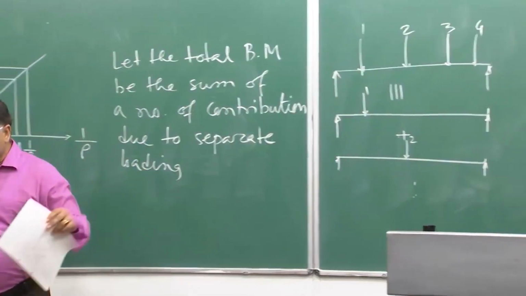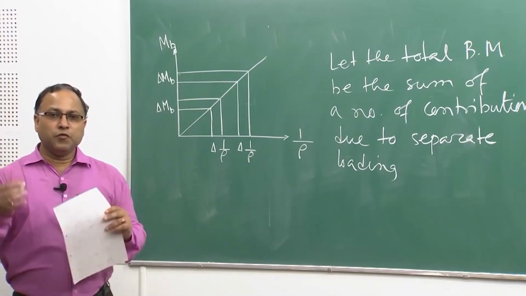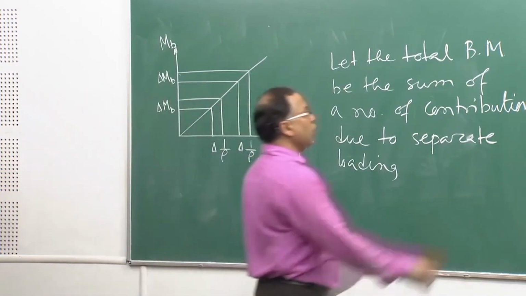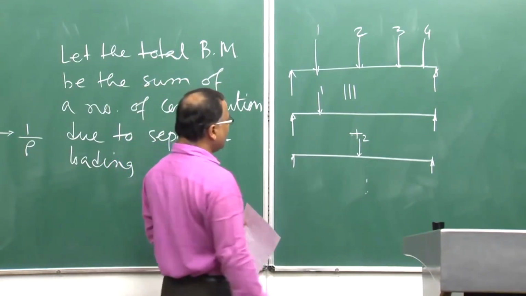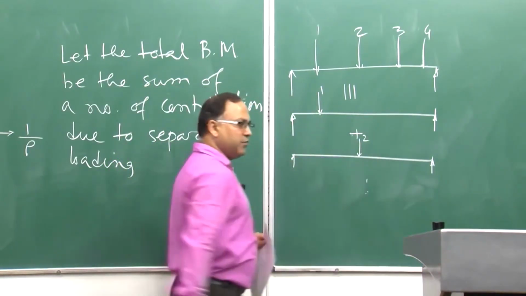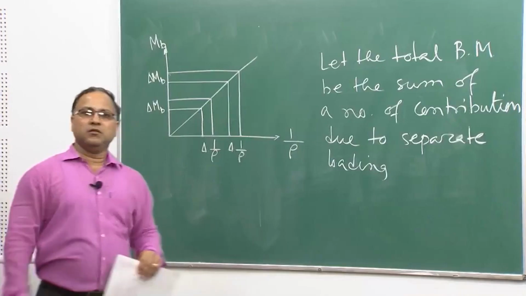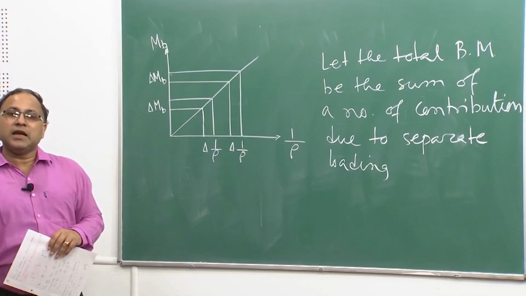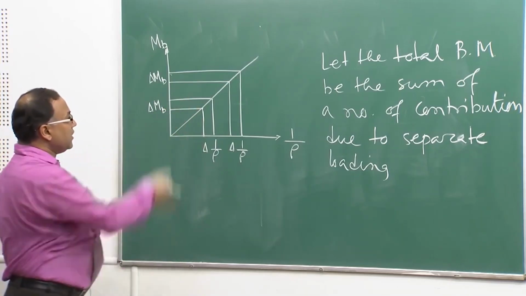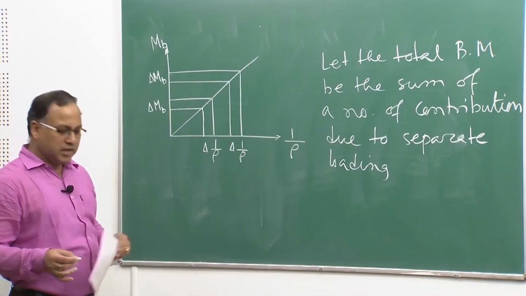If you add them together, you will get the same effect. If you find the bending moment for the whole beam at a time, or find the bending moment of each individual beam and sum them together, you will get the same magnitude of bending moment at a particular section. That is the idea, and that is known as method of superposition. So, let the total bending moment be the sum of a number of contributions due to separate loading, as I was telling you.